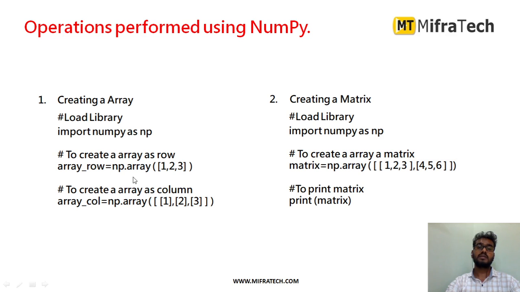Here I have provided np.array of a list of values 1 to 3 as a parameter. The array I am going to get, I have assigned the name array underscore row. When I print this array underscore row, I am going to get a numerical Python array. This is how to create an array as a row.